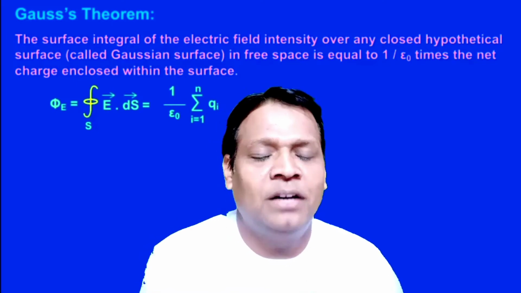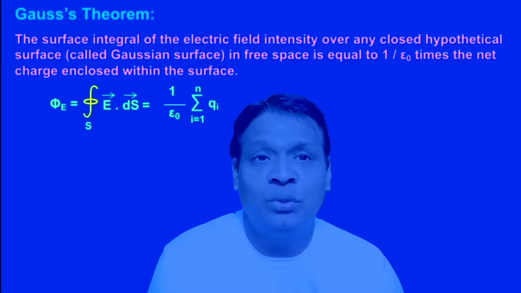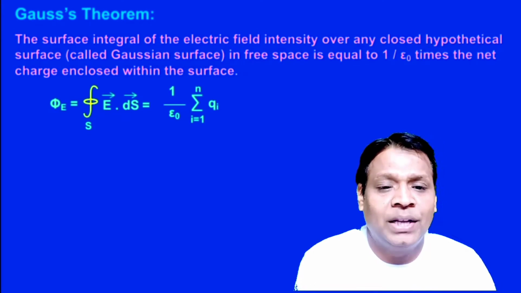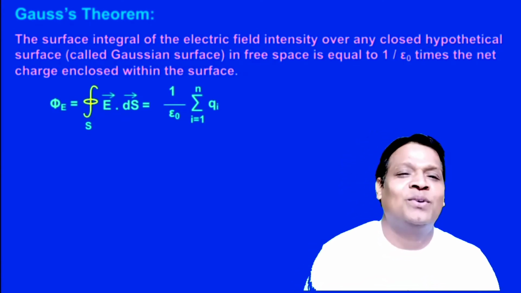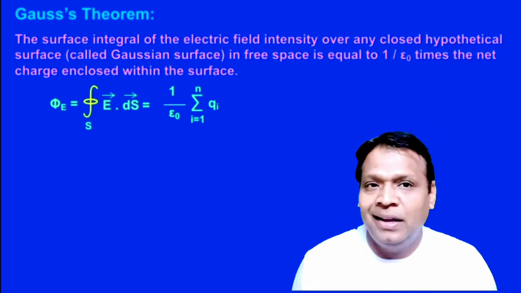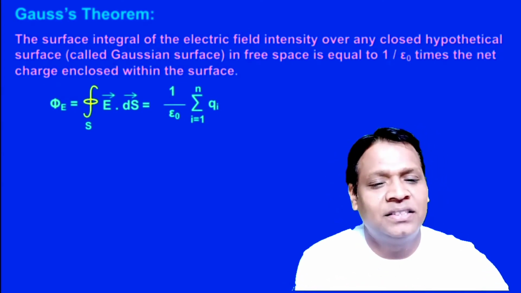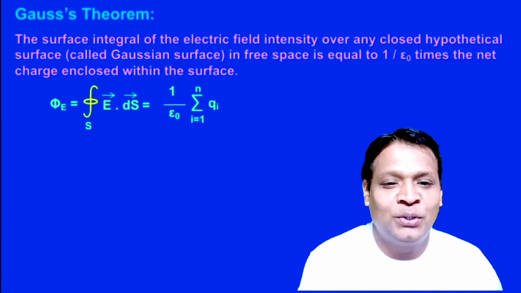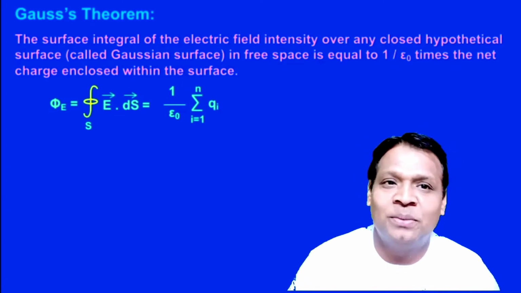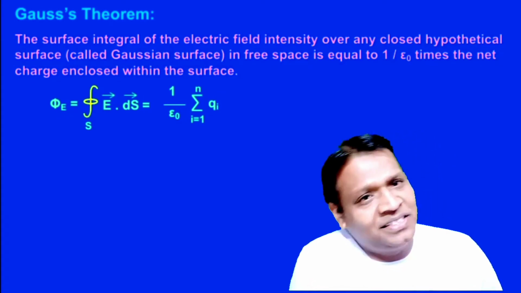Or in mathematical form we can say that phi is equal to the closed integration E dot ds is equal to 1 upon epsilon naught times the summation of the entire charge enclosed by that hypothetical surface. Let Qi be the charge enclosed by the hypothetical surface.